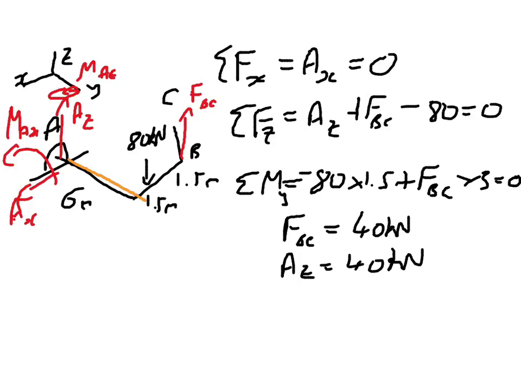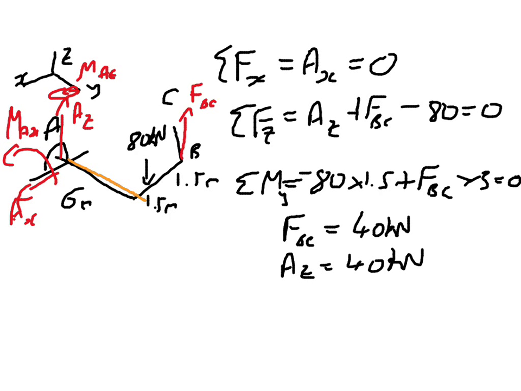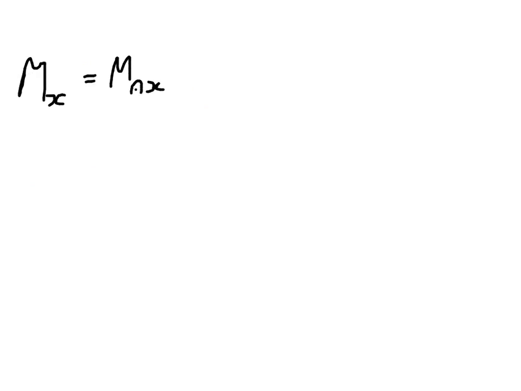We now need to find the rest. So if I jump to the next page, my moments about the x-axis are going to equal my moment at A about the x-axis, which is the one we said was a reaction from the bearing at A. I've also got 40 kilonewtons, i.e. FBC, acting 6 metres from the x-axis, so I'm going to have plus 40 times 6.